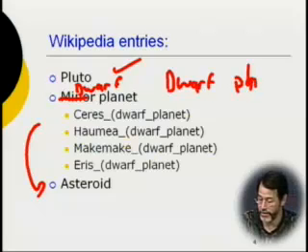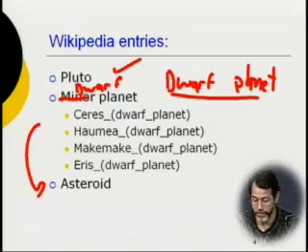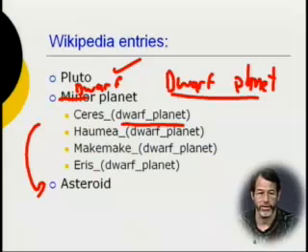Dwarf planet is what you're responsible for. And here are some dwarf planets: Ceres, Haumea, Makemake, and Eris. And they all need the dwarf planet designation to get to the right Wikipedia entry. Otherwise, you might be taken to a god or goddess in folklore.